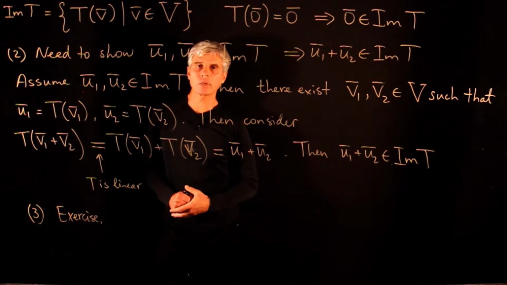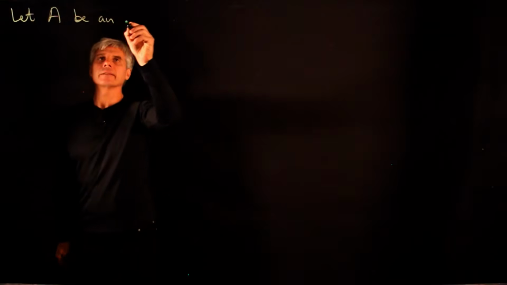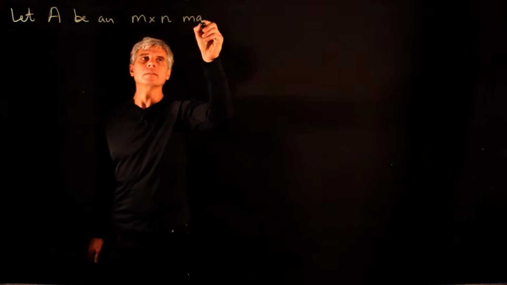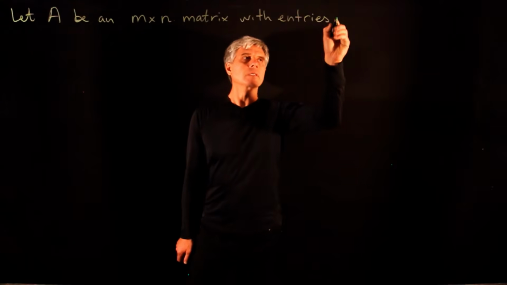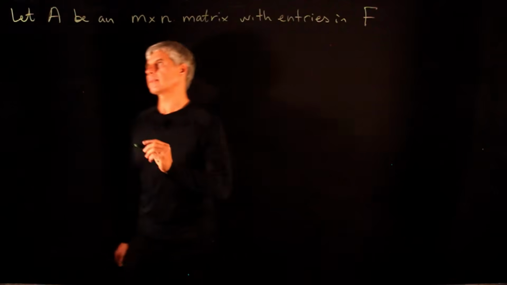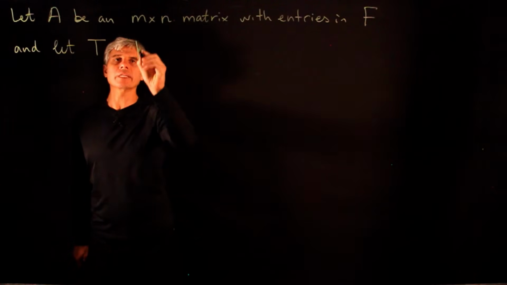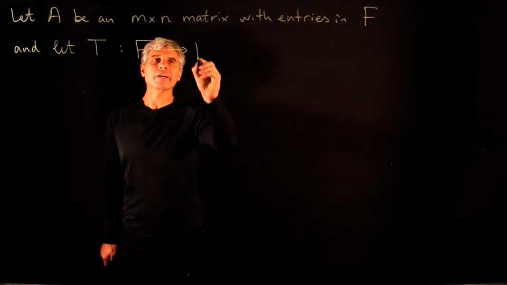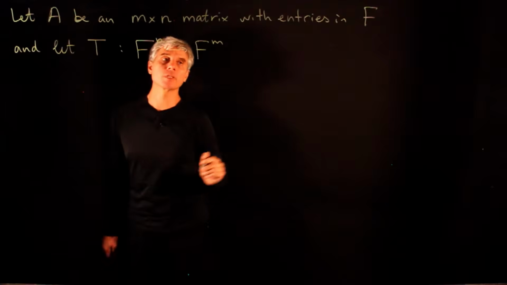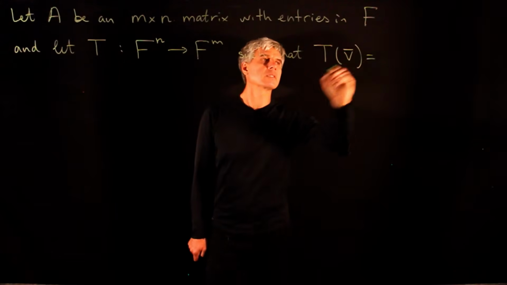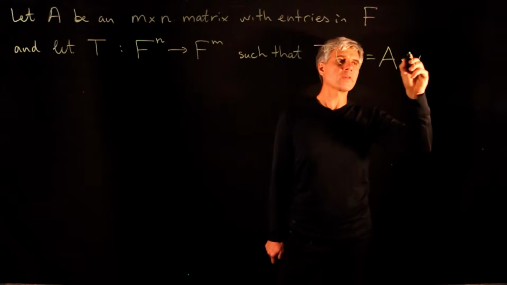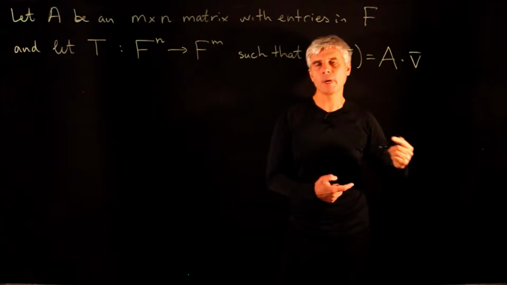Next, we want to find the matrix interpretation of the kernel and image. Let A be an m by n matrix with entries in the field F, and let T be a linear transformation from Fn to Fm, which is given by this matrix multiplication, such that T applied to vector V is defined as the product of A with the vector V. So we just take this matrix and multiply it by a vector.